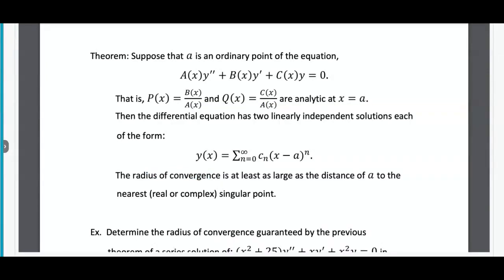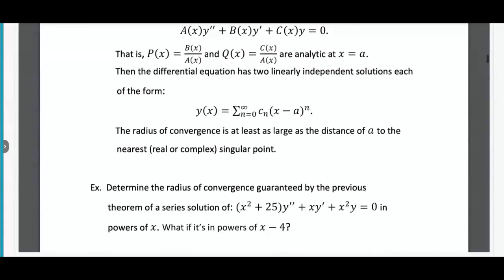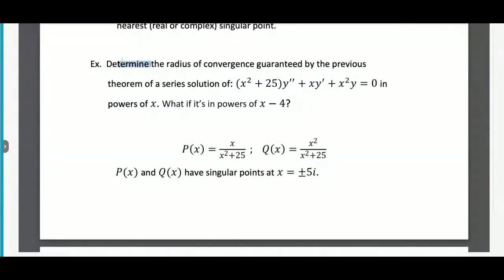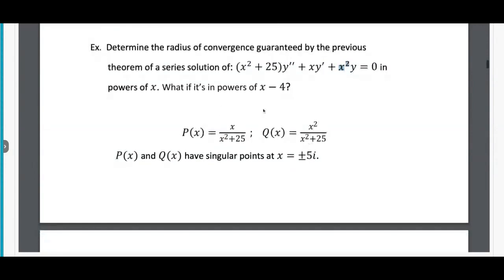If anyone has any question at any point, let me know. Let's see this example. We want to determine the radius of convergence guaranteed by the previous theorem for a series of solutions. So a of x is x squared plus 25. b of x is x. c of x is x squared.